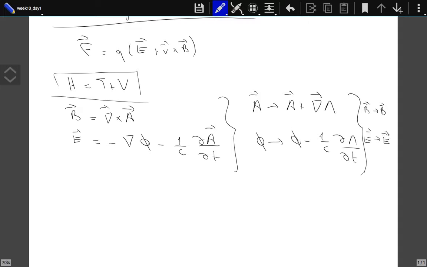This is what we call the gauge symmetry. Although we can change the scalar and the vector potentials as we wish, the physically observable quantities, the electric field and the magnetic field, do not change. So this was the reason why, at least in classical electrodynamics, we used to say that it's the electric and the magnetic fields that have any physical importance.